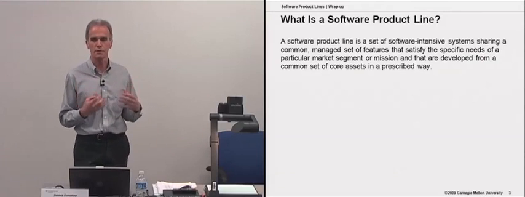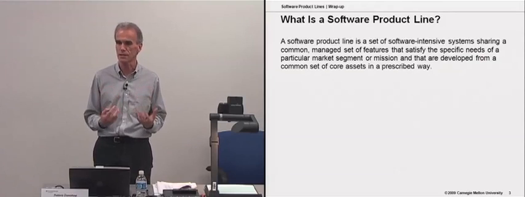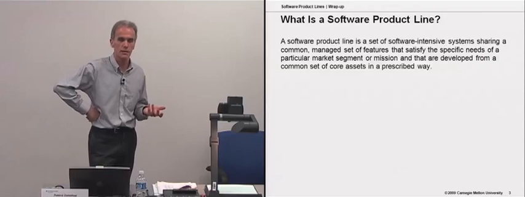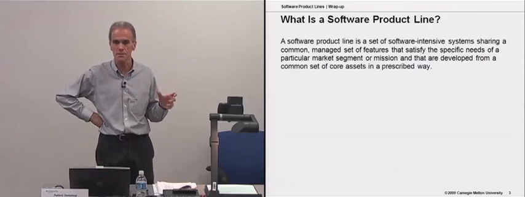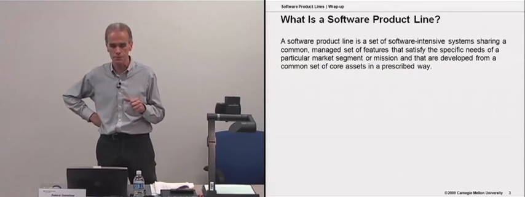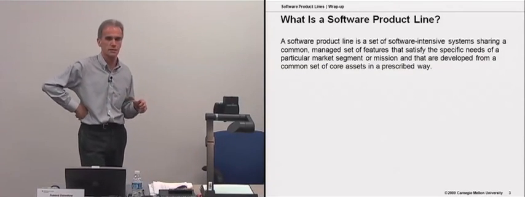You come up with this representation of a managed set of features that's going to be the basis for not just the products, but for subsets of features that can become the core assets used in building products.